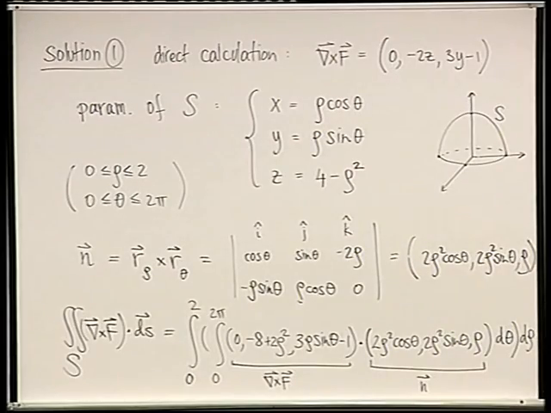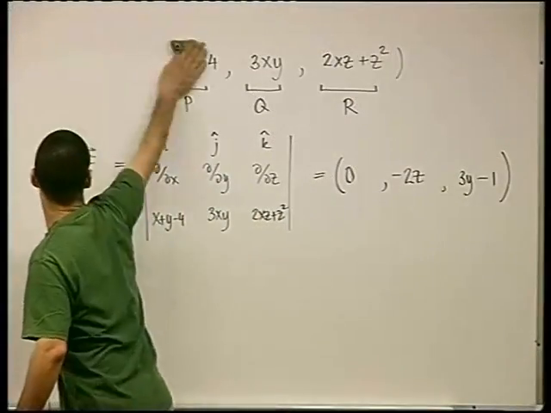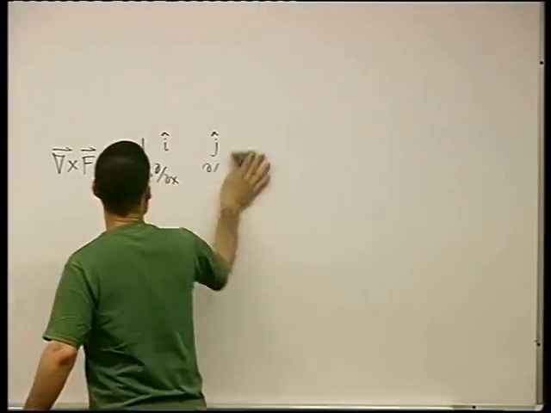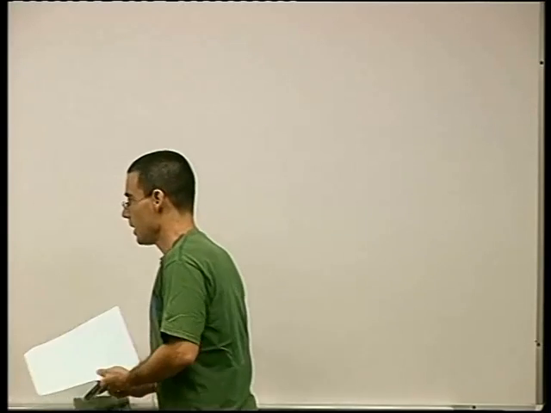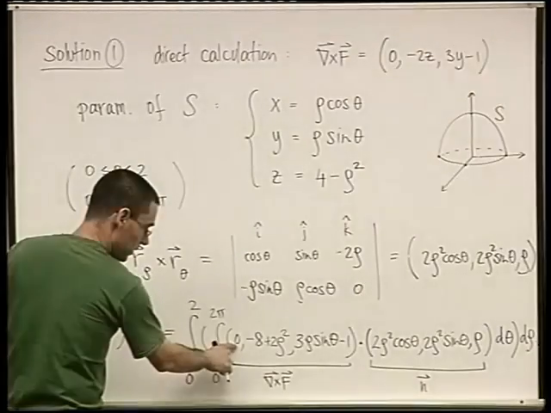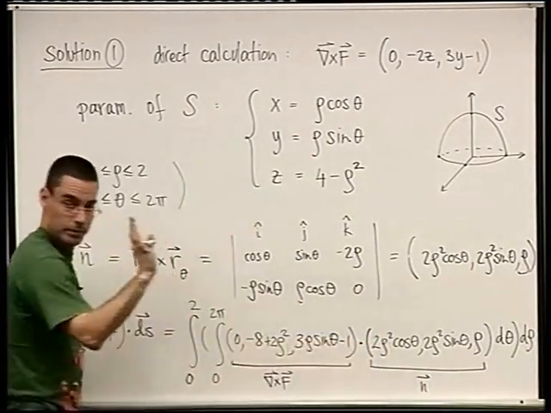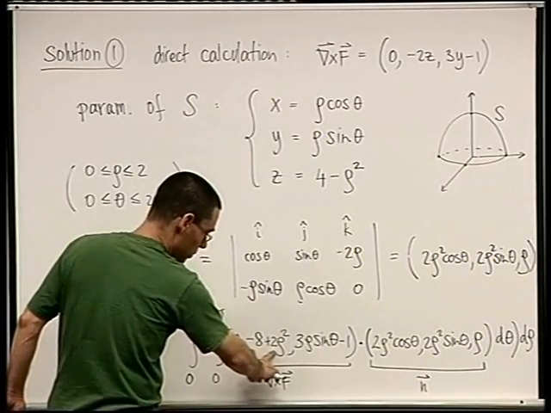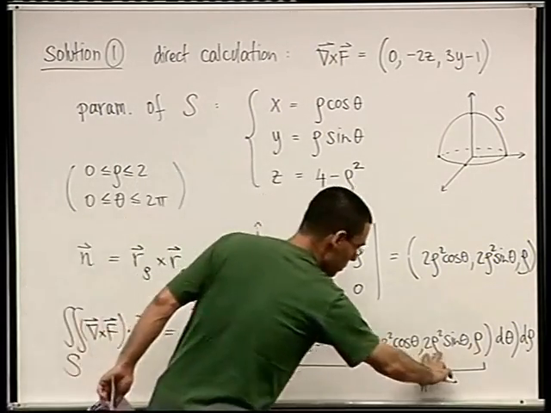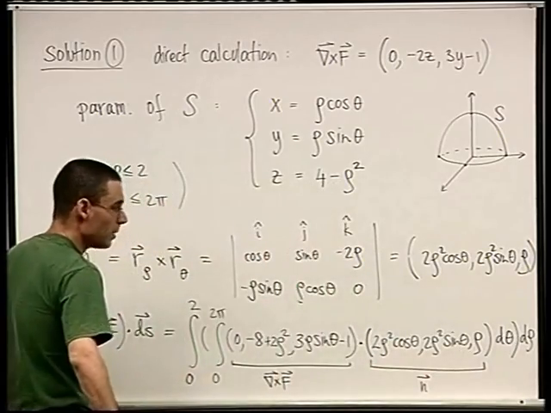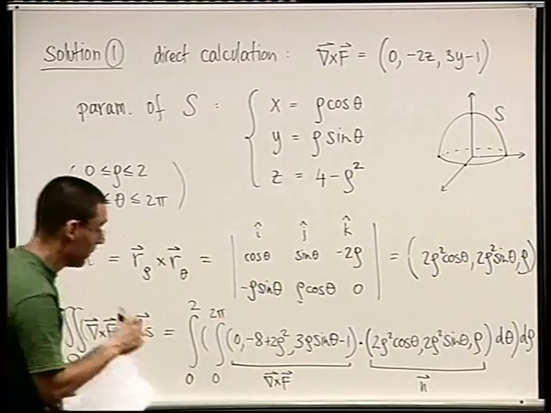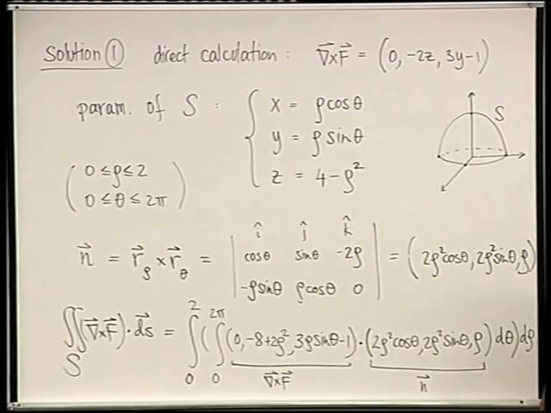Now we just have to open all this long expression. Unfortunately, it's going to turn out to be very easy to calculate. So first of all, 0 meets this thing, that's gone. Then I have to multiply minus 8 plus 2 rho squared times 2 rho squared sine theta, plus rho times 3 rho sine theta minus 1. Tell me if you agree.